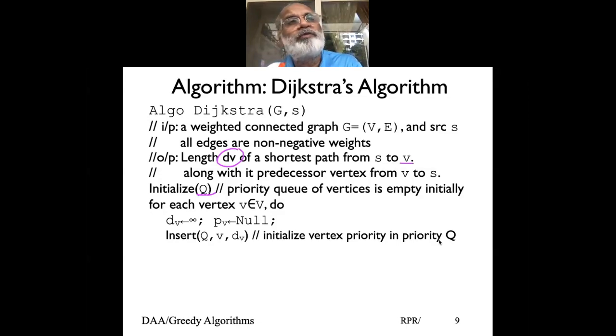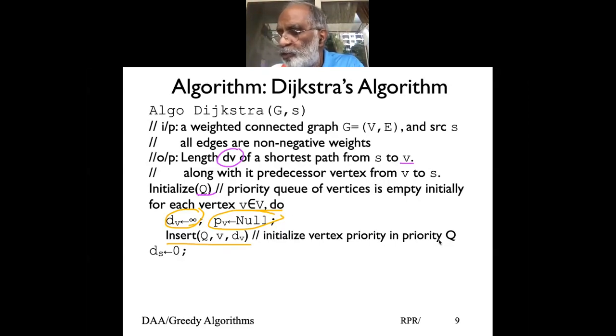Initialize queue means we're just setting the header, there are no entries. Now for each vertex v, set the distance to infinity, and the predecessor path to null, and we insert every node into the queue. That means all the nodes get inserted with a weight of infinity.